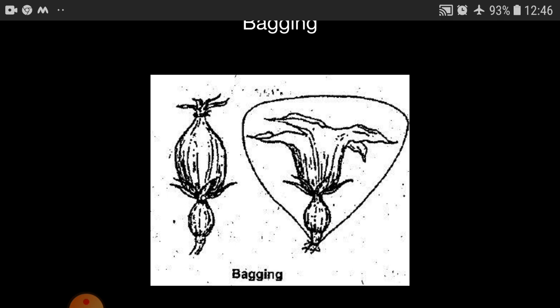For this we remove the bag temporarily, we dust the pollen grains on the stigma, and then we rebag the flowers till the fruit starts developing.